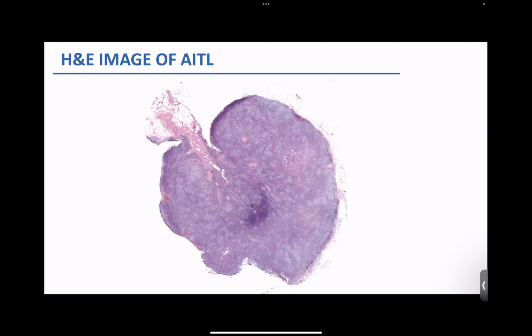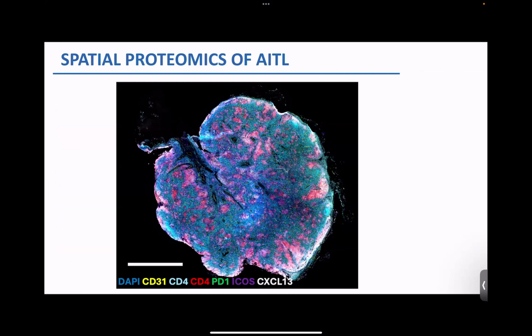This was another image of our H&E stained lymph node that had AITL. And this is the spatial proteomics of this AITL with the different markers as seen in the bottom. And they were stained with either cell type specific markers and also the AITL specific markers such as PD1 and ICOS and CXCL13.